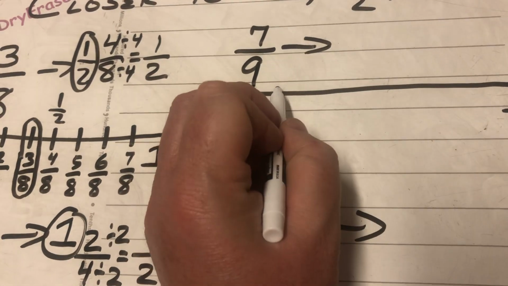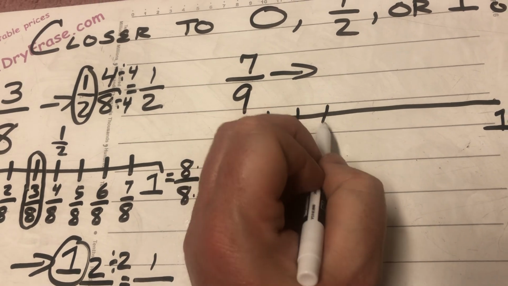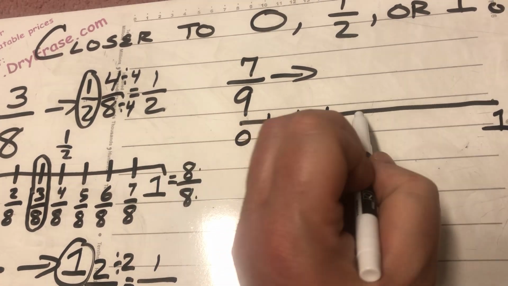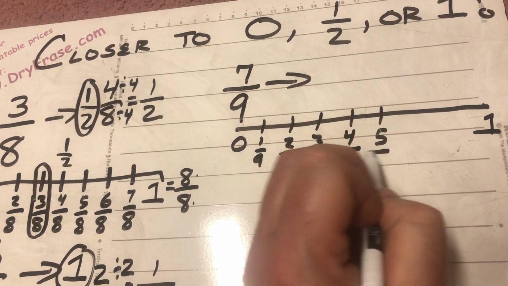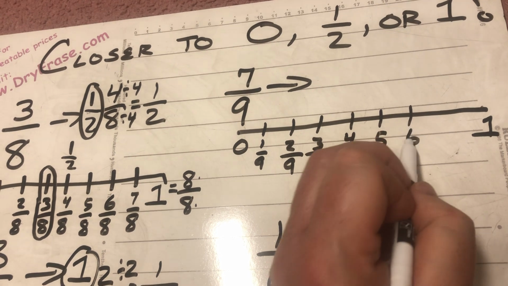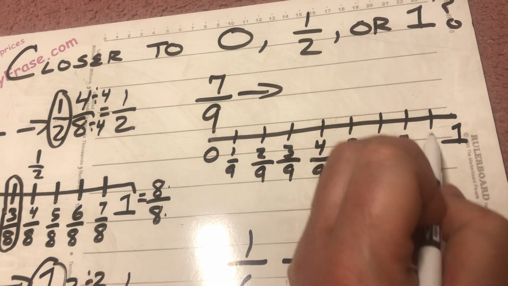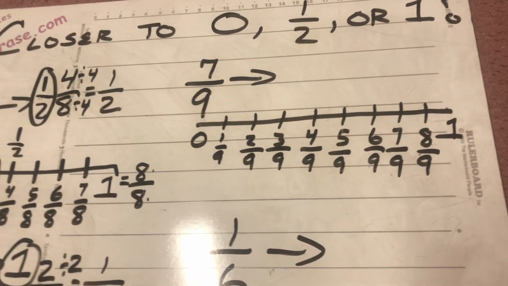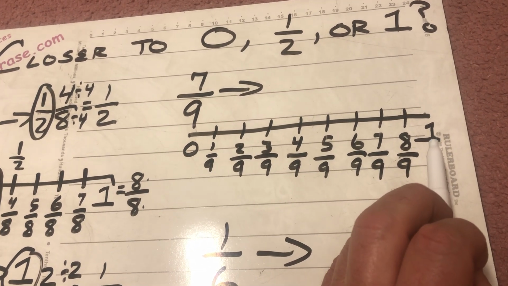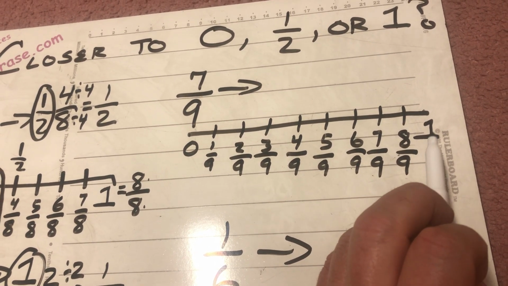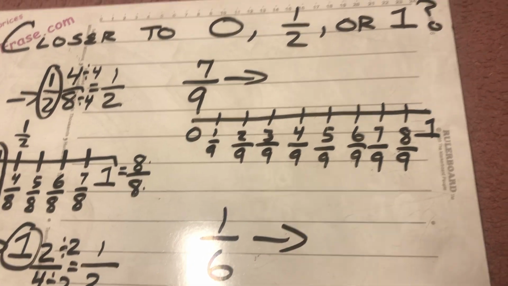All right, and then I have 1/9, 2/9, 3/9, 4/9, 5/9, 6/9, 7/9, 8/9, and when I go to 9/9, it would equal 1. Because, once again, if 9 is the numerator and the denominator, 9 divided by 9 is 1.